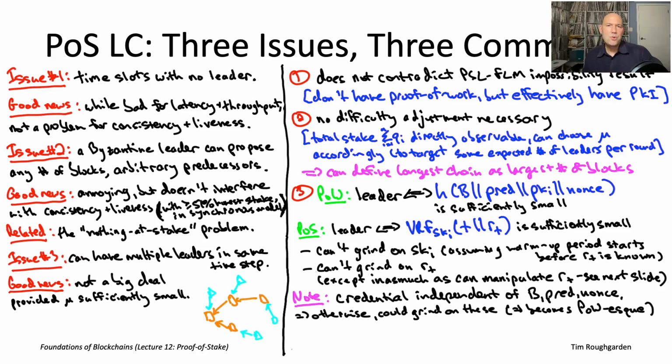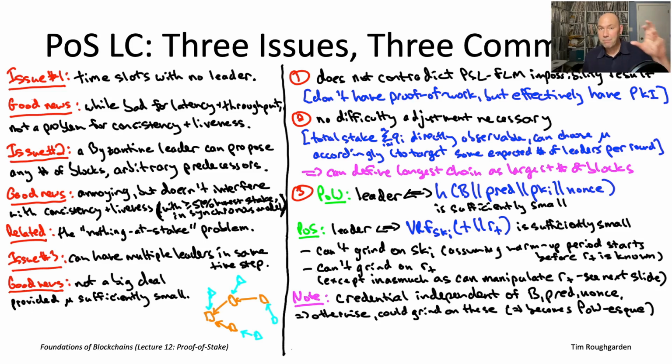Let's move on to the more interesting case of the block B, which again is part of the input in the proof of work design and not part of the input in the proof of stake design. Put differently, that means in the proof of work design and Nakamoto consensus, each lottery ticket comes with it a specific block, whereas each lottery ticket in the proof of stake design does not mention a block. In the proof of work design, if your lottery ticket is a winner, well then you're already committed to what block you're proposing.